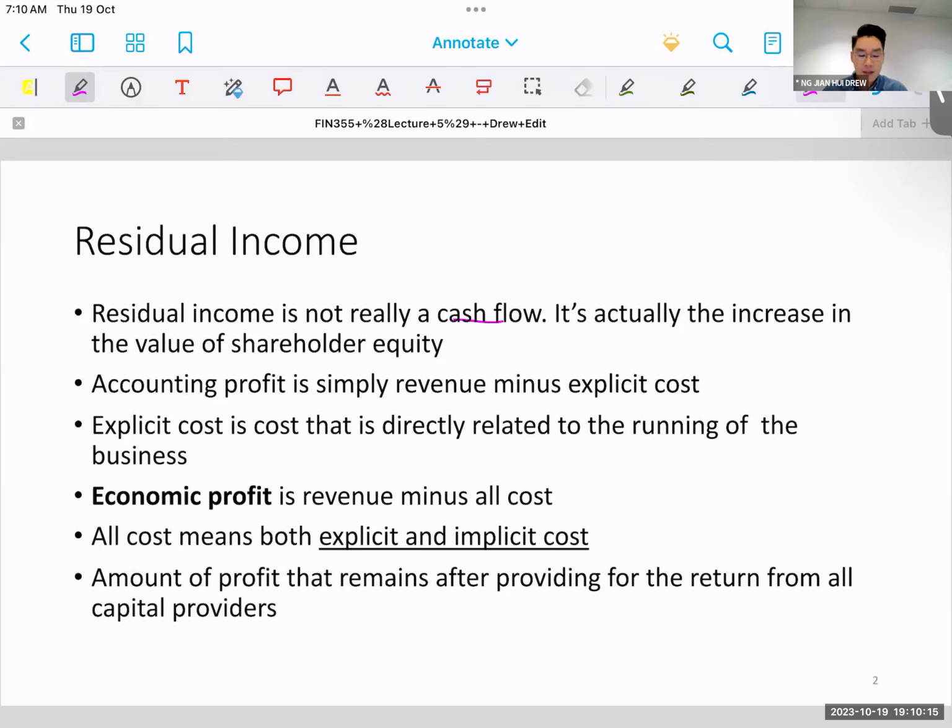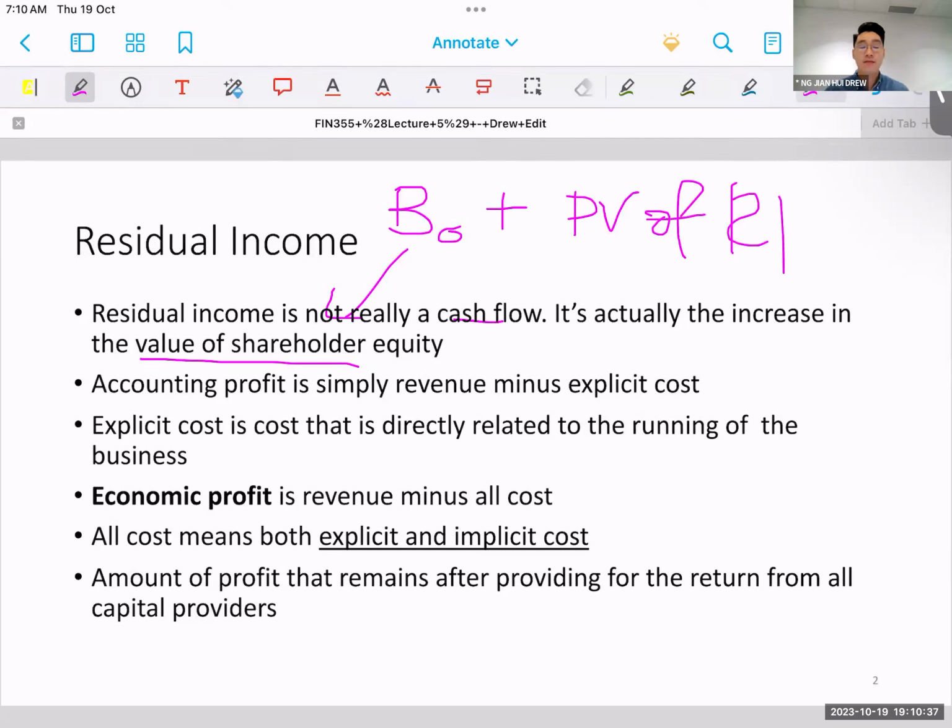Residual income is more of the increase in the shareholder equity, and the reason is that, if you recall, we have B naught, which is the book value of equity, plus the PV of RI, the present value of your various residual incomes, and this will give you the value of the firm.